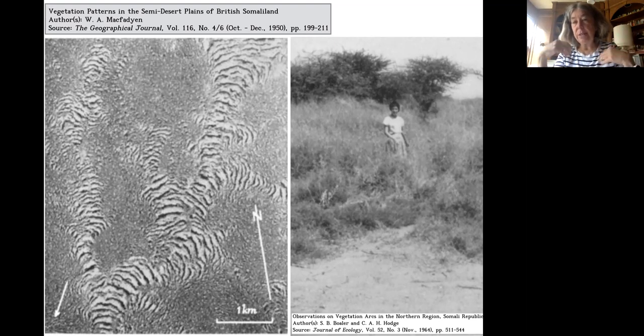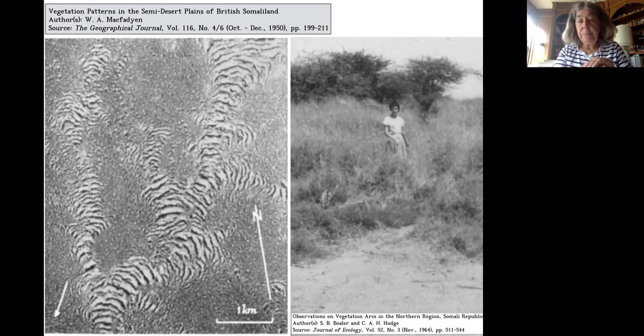There's grasses, there's shrubs, there's trees within that vegetation band. And what they say is that if you were on the ground, you would have no idea that there was this structure, and so the only way that they discovered it was by flying over the ground. And then they saw, oh wow, this is totally organized.